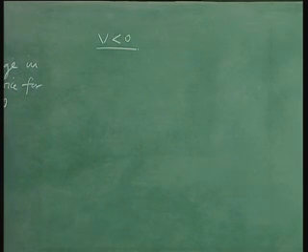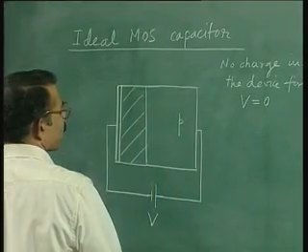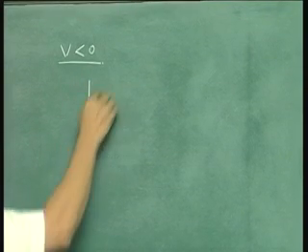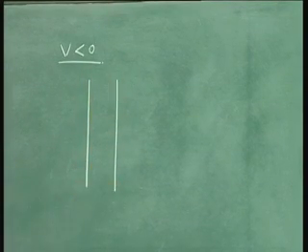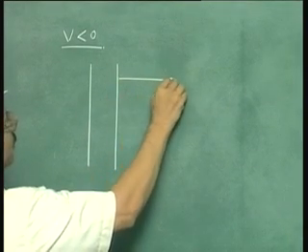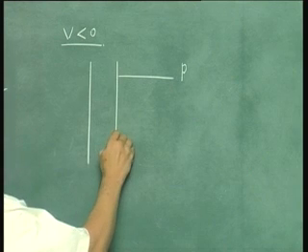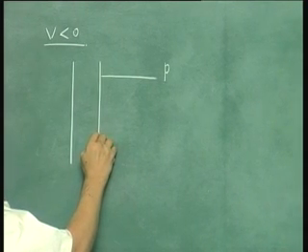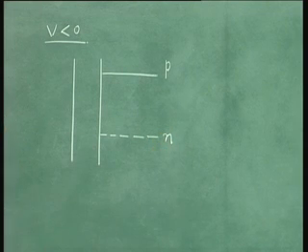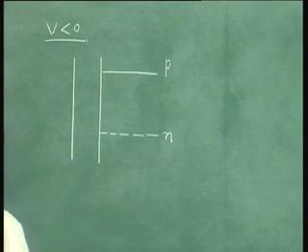Let us try to sketch the electron and hole conditions in the device. So this is the oxide layer, and this is the hole concentration. Because it is a p-type semiconductor, the hole concentration is more than the electron concentration, and this is the electron concentration. So this is for V equal to 0.